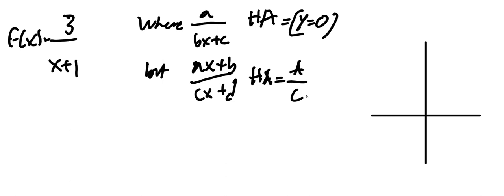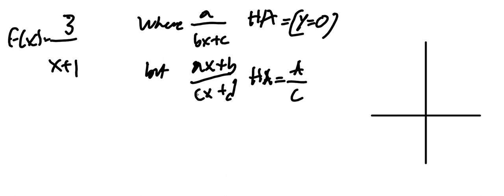So essentially, when it was only first degree, the horizontal asymptote is always y equals 0. But if it's a first degree polynomial on top, then the coefficients of these x's are going to be your horizontal asymptote.